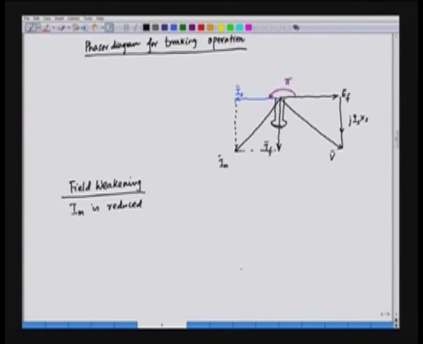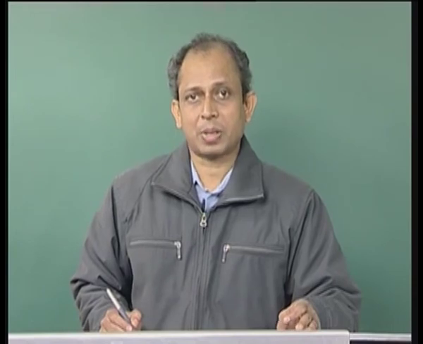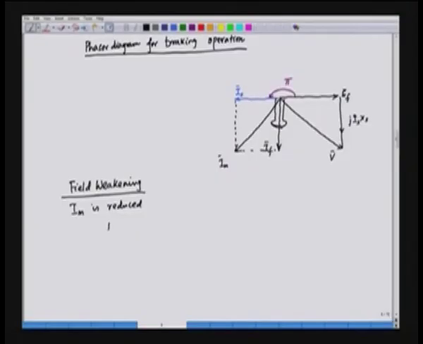So, how to reduce Im? As we know, Im is the vector sum of If and Is. So, we have this vector equation, Im is equal to Is plus If. Now, to reduce Im, we have to reduce If.